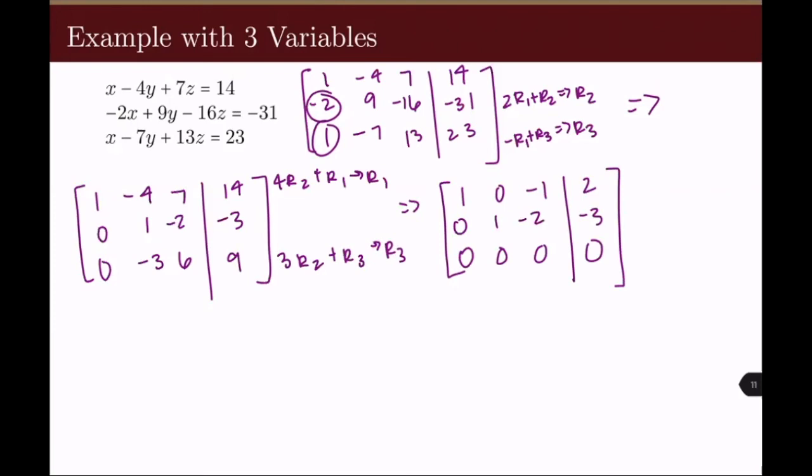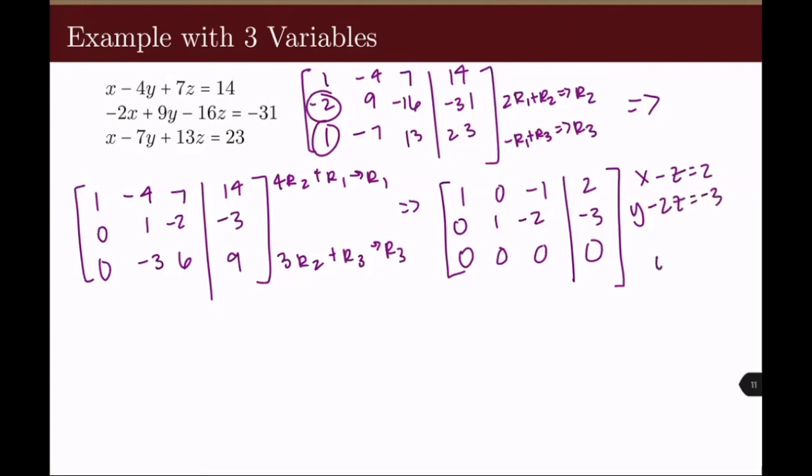Next, I am going to write an equivalent system because there is nothing I can do to make these two numbers 0. I don't have this third variable to cancel them out this time. So that means what I'm going to have is x minus z equals 2 and y minus 2z equals -3.